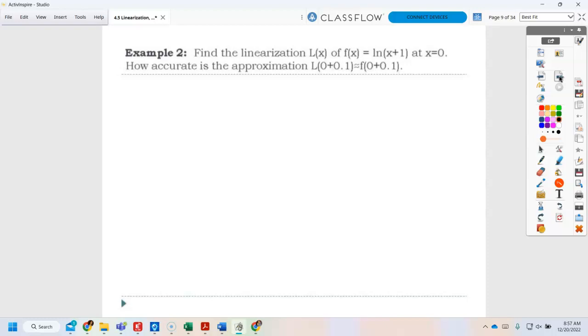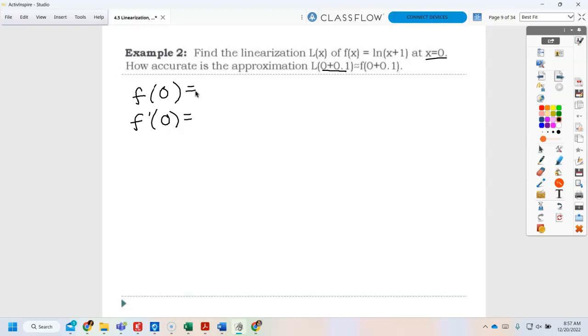So we are trying to approximate 0.1 given 0. That means my a value is 0. So I have f of 0 and I need f prime of 0. Those are the two key points I need to plug into L of x.